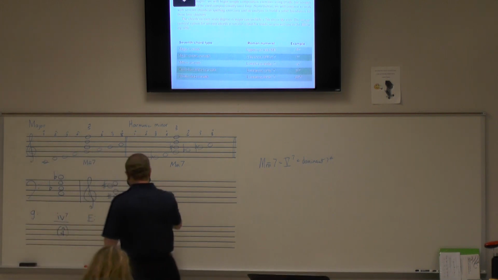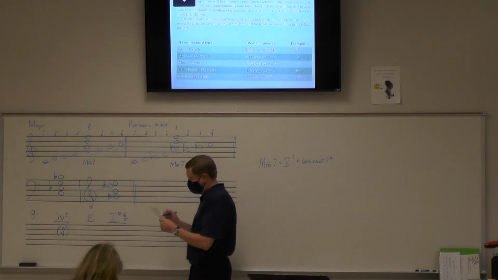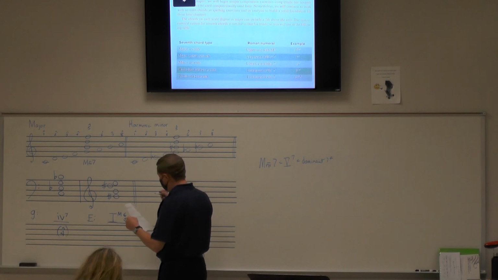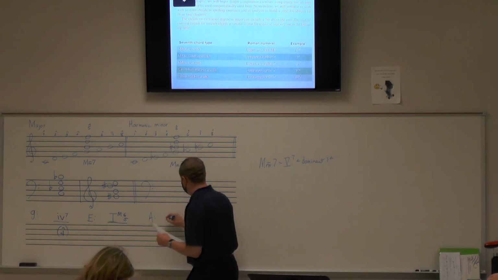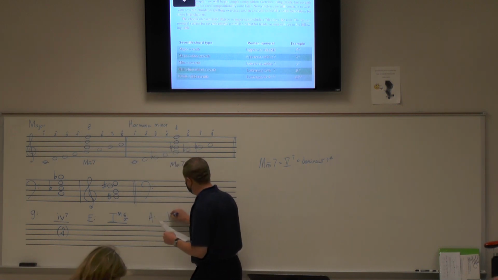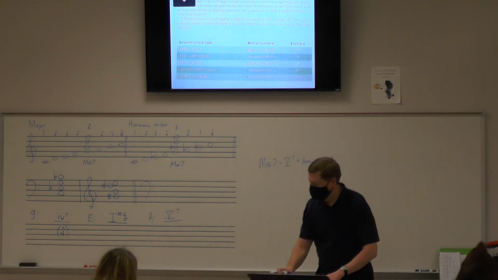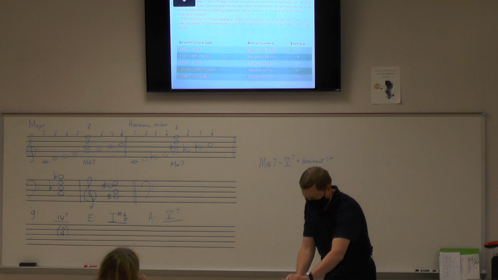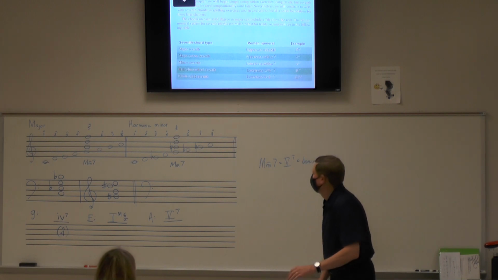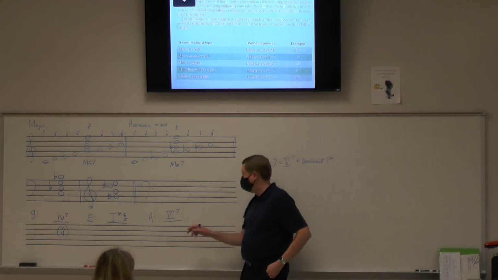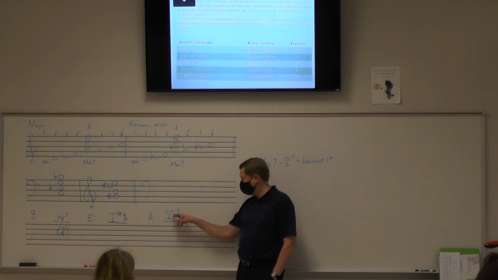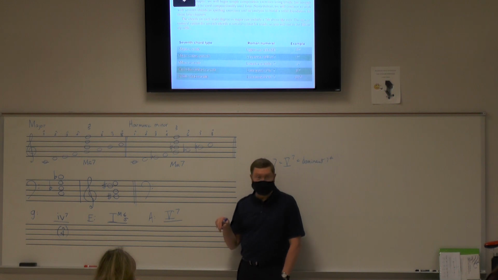Let's try a couple other types. What if I asked you, let's go to the bass clef, to spell this chord in that key? Well, we should know from the Roman numeral that it's built on scale degree 5.